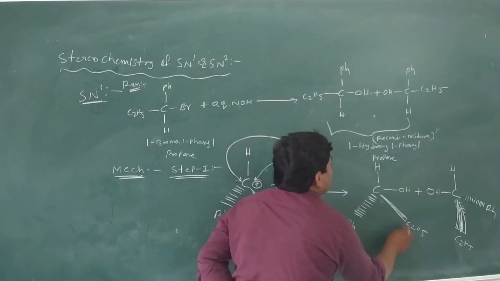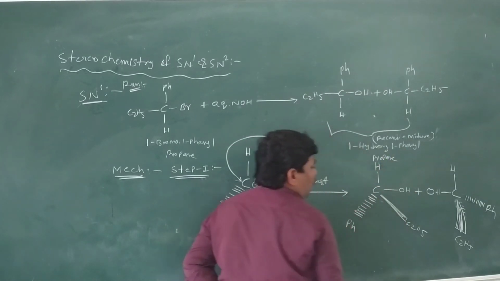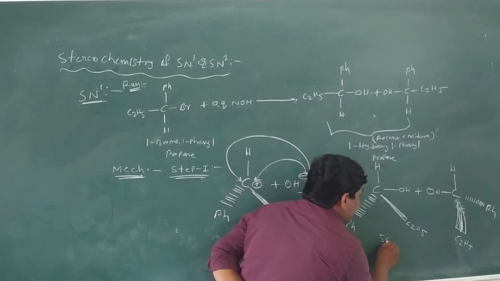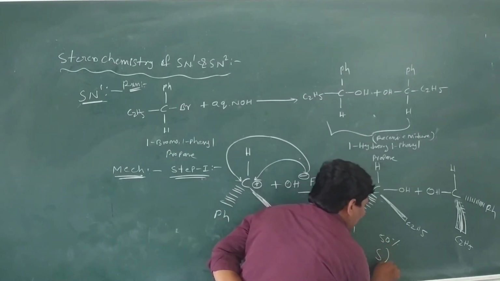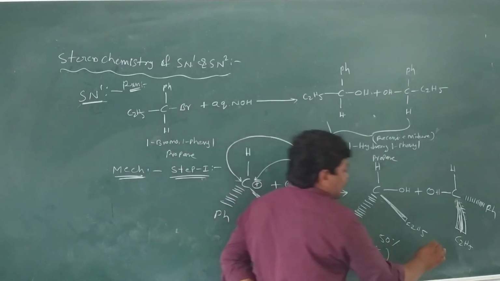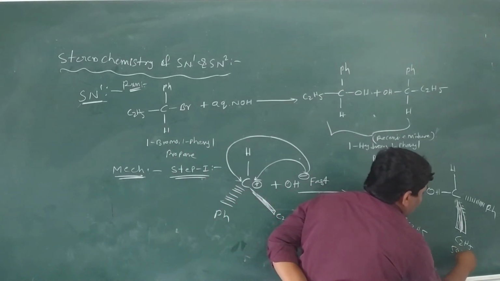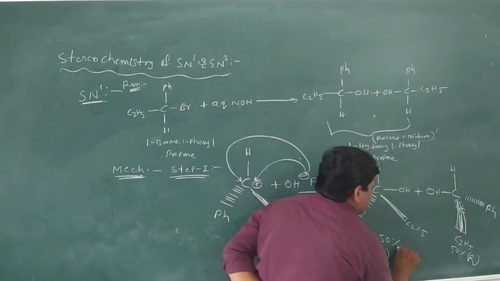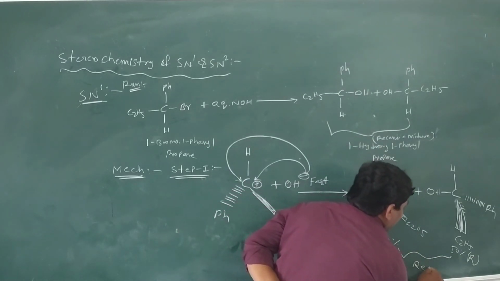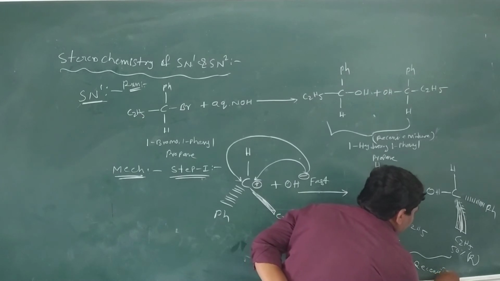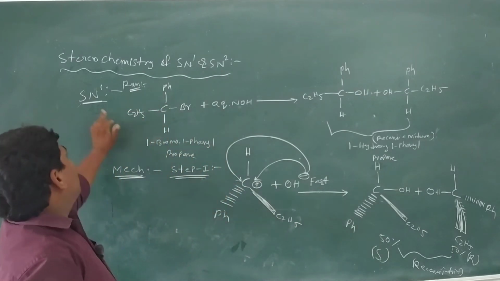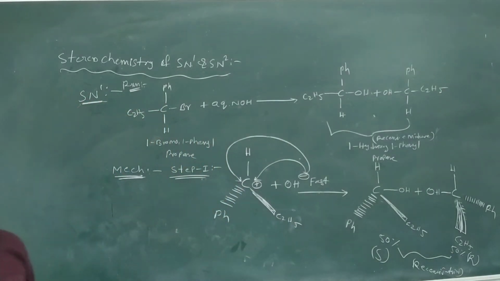So this is 1-hydroxy-1-phenyl propane: 50% S configuration and 50% R configuration. So a racemic mixture, or racemization, is formed. This is the stereochemistry of the SN1 reaction.